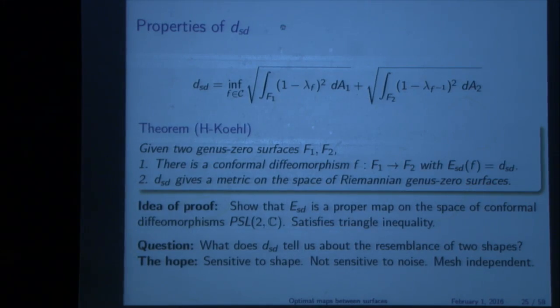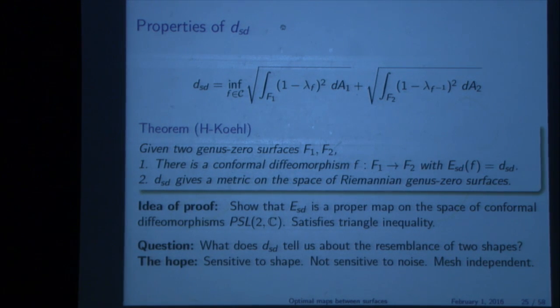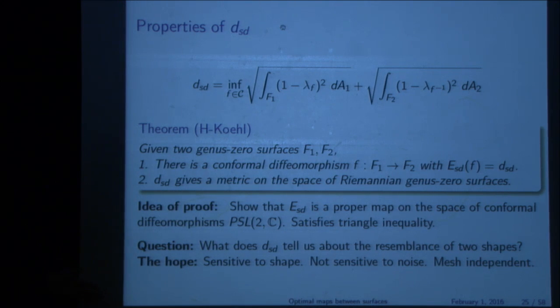So what might we hope if we put a metric on the space of shapes? The hope is that we get something that's sensitive to changes in shape, not sensitive to noise, to small fluctuations of random type, and that doesn't depend at all on parameterization.